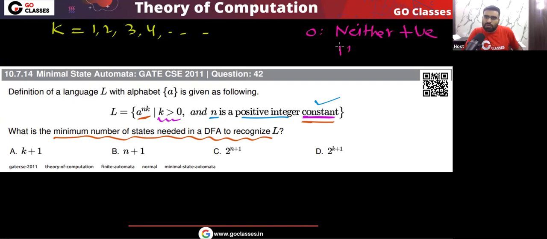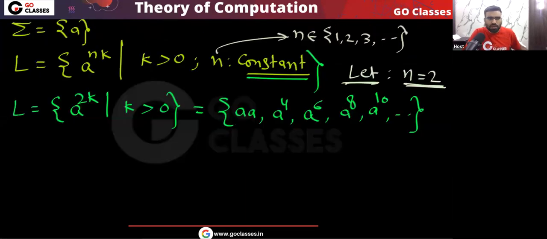Because n is a constant, it is a fixed value. So let's assume that n is 2. Then this will be your language L, because k is greater than 0, so you can put k equal to 1, 2, 3 and so on. Now for this language, can you create the minimal DFA?